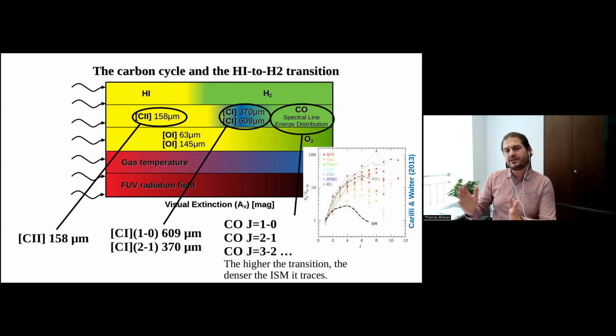And if we put all of these transitions in a single diagram, we get the spectral line energy distribution, or the SLED. And here you see a collection of these different SLEDs from different galaxies.